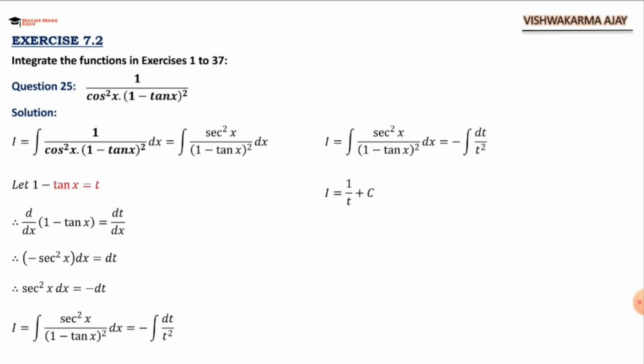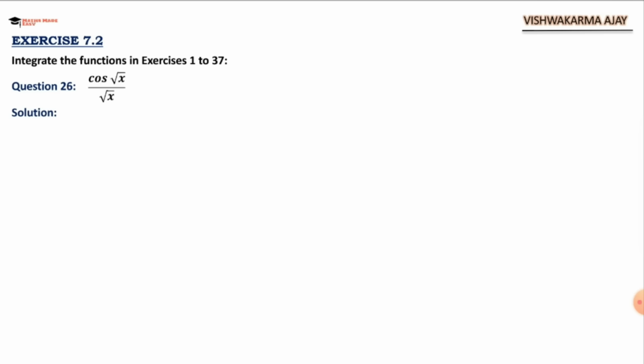Later this can be written as t to the power minus 2, and then t to the power minus 2 plus 1 divided by minus 2 plus 1. We get I is equal to 1 upon t plus c. And after resubstituting the value of t, that is 1 minus tan x, we have our final result. Integral is equal to 1 upon 1 minus tan x plus c. Let's move to the next one.